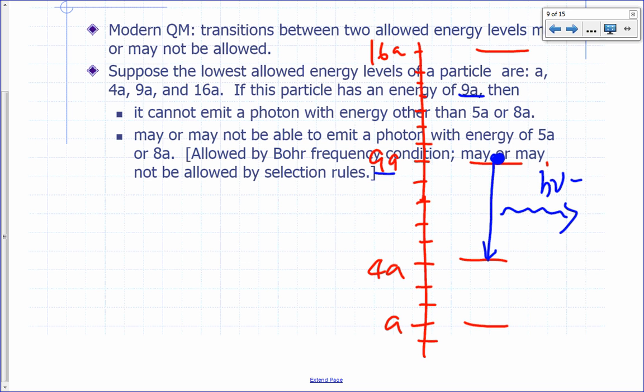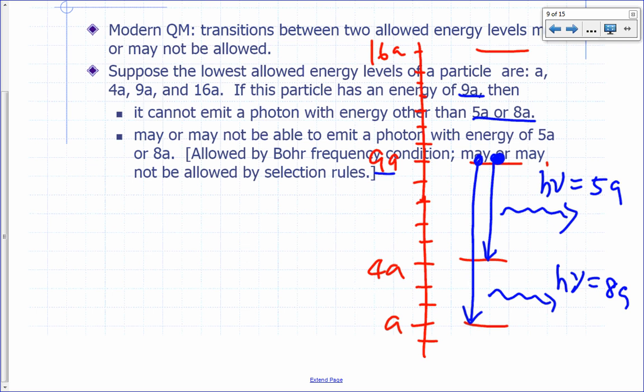So your h nu is going to be equal to 5A. What if it were to lose energy so that it ends up at the lowest possible energy level? What would be the energy of the photon it produces here? It would be 8A. So 5A or 8A would be the only possible photons it can generate, either 5A or 8A.